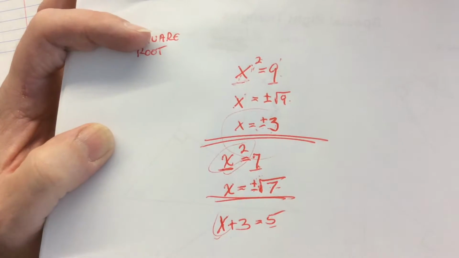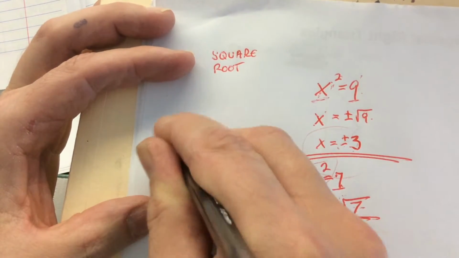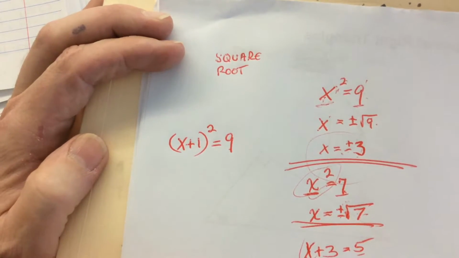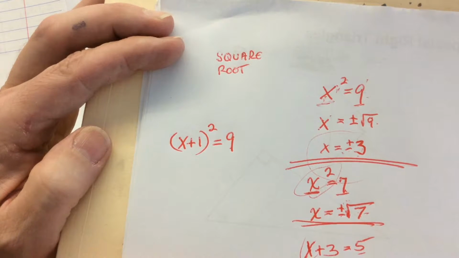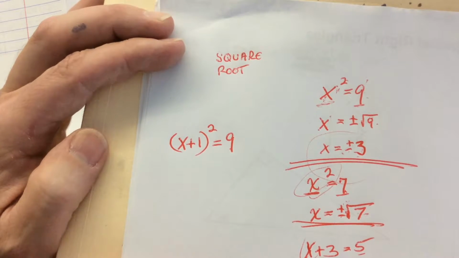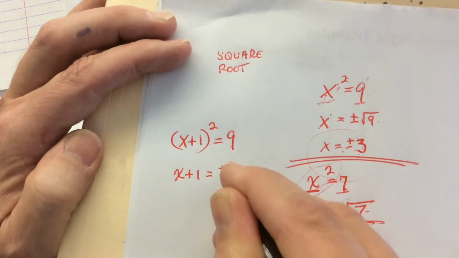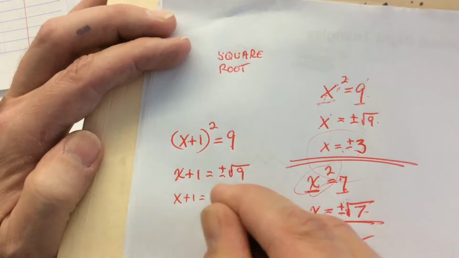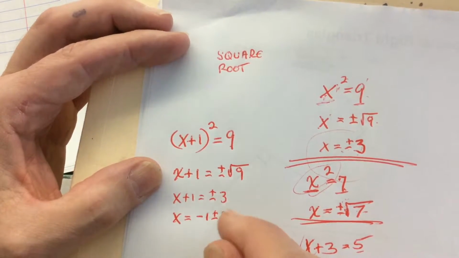Okay? One more. How do you solve this? You could take the square root of both sides, and if you do, you'll get x plus 1 is equal to plus or minus the square root of 9. x plus 1 equals plus or minus 3. x is equal to negative 1 plus or minus 3.